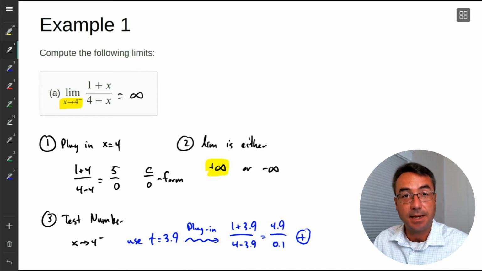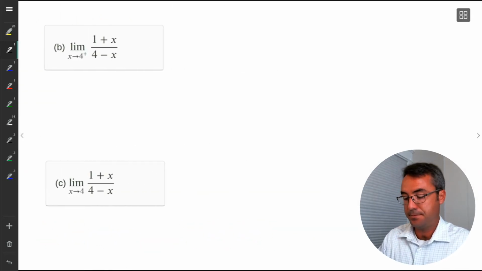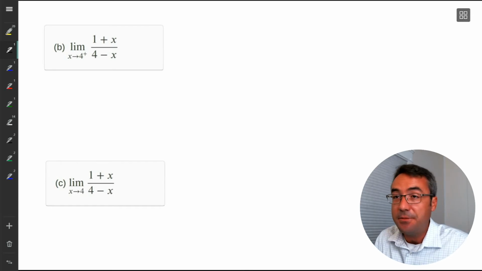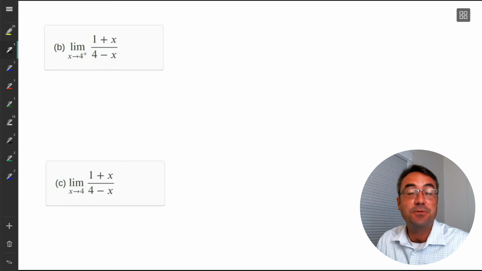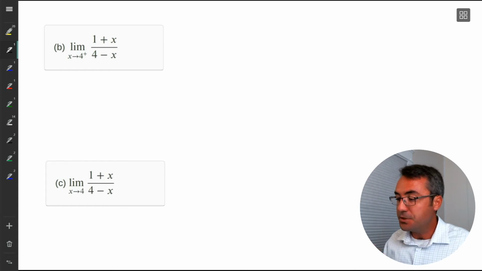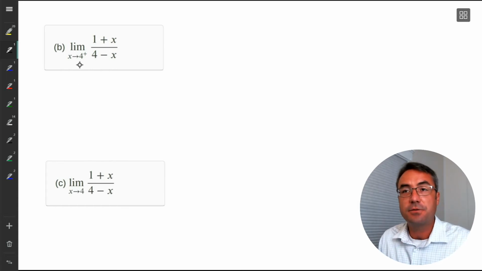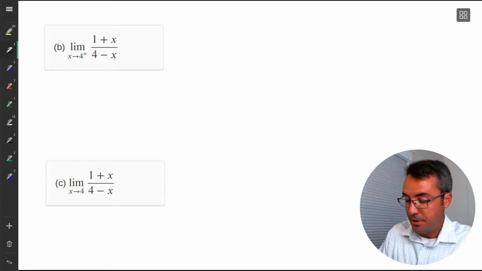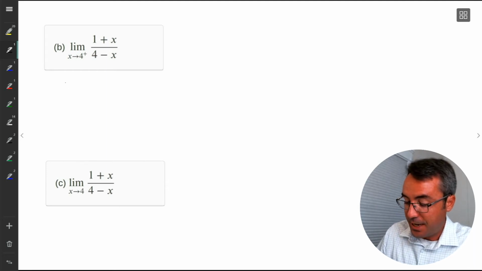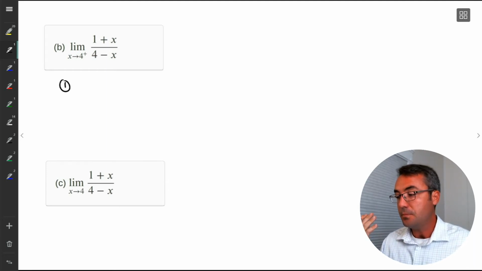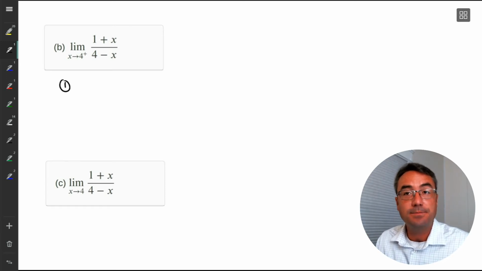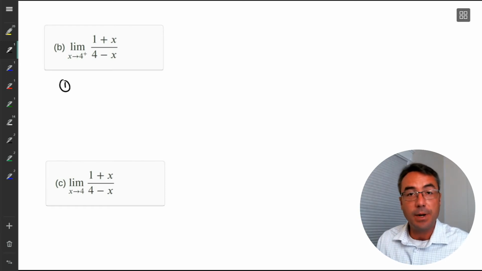Let's try the right-hand side. Let's do the limit of that same function, 1 plus x over 4 minus x, as x approaches 4 from the right. So if this was our fresh start here, the first step would be to plug in x equals 4 and just see what's going on.